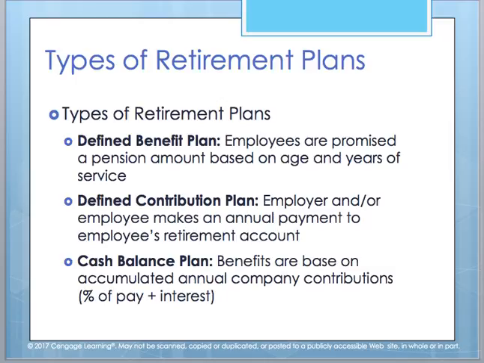The defined contribution plan is where the company and/or you make an annual payment to your account. The cash balance plan is based on an accumulated contribution made by the company, where a percentage of your pay plus whatever the interest rate is is added to the balance of your plan.